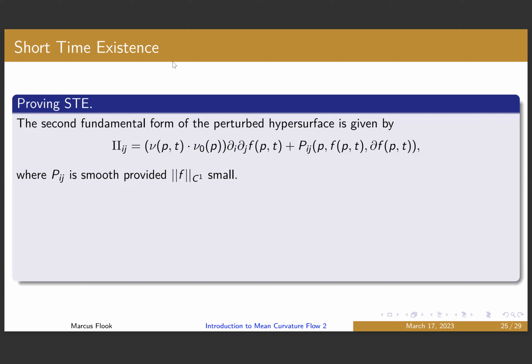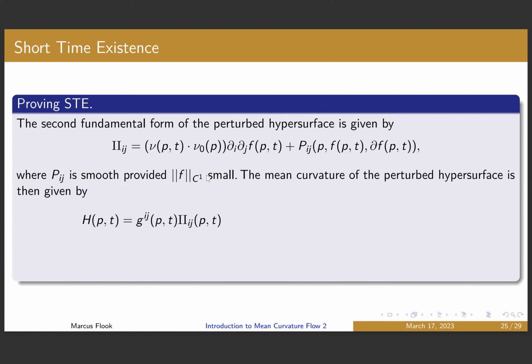Again, we're looking with an eye towards the mean curvature. The mean curvature of the perturbed hypersurface is just given by the trace of our second fundamental form.